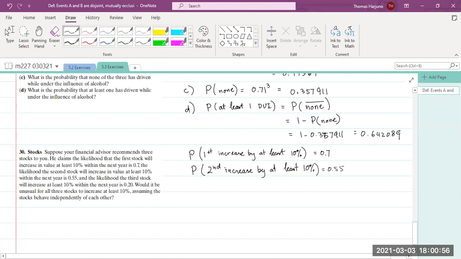And the third stock increases by at least 10% in the next 1 year is 0.2. The question is, will it be unusual for all 3 stocks to increase at least 10% if we assume they are independent?